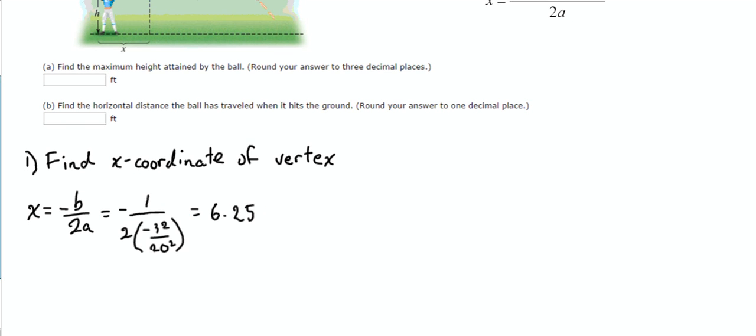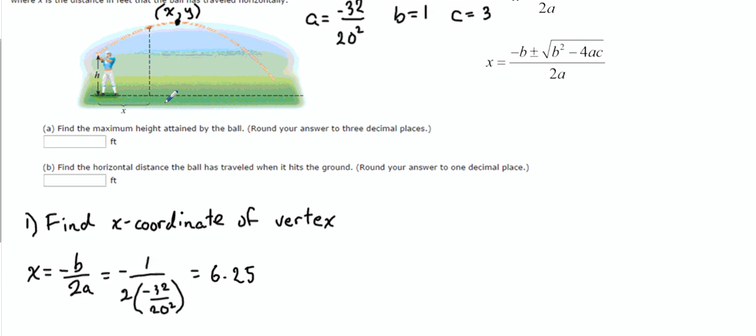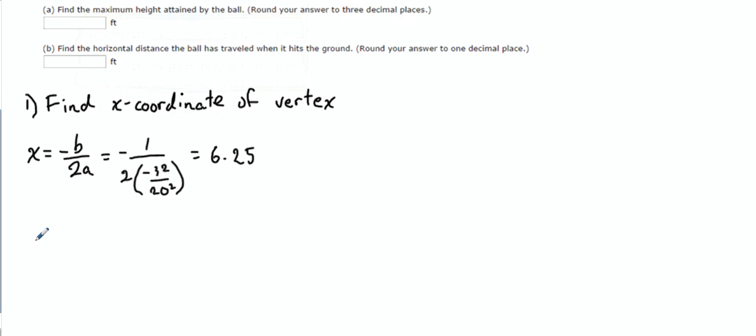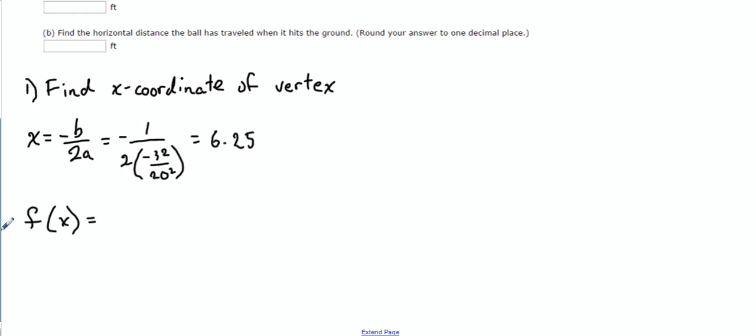Now that we have the x-coordinate, that's not our answer because we want to find the height. And height is going to be the y-coordinate. So next, we'll take the 6.25 and plug it into the function. So our function is, I'll rewrite it, f of x equals, and it's just the function that we were given up here, negative 32 over 20 squared x squared plus x plus 3.